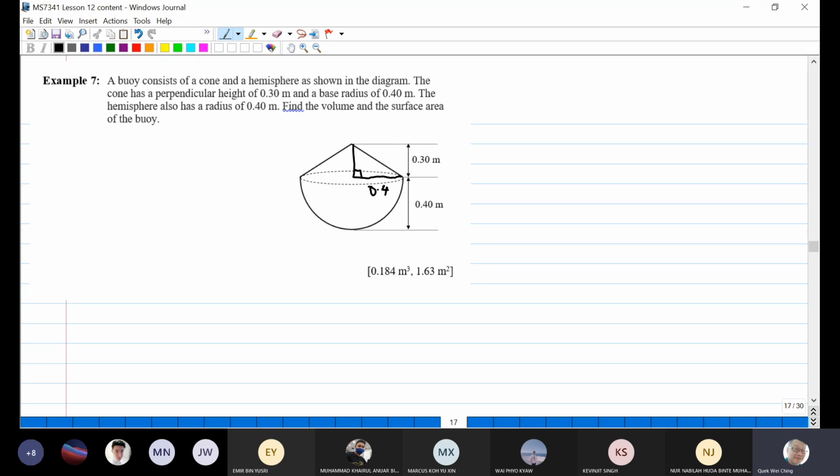The volume of the cone plus the volume of the hemisphere. So there are two things here. One of them is this one, the other is this one. We need to add them up together.